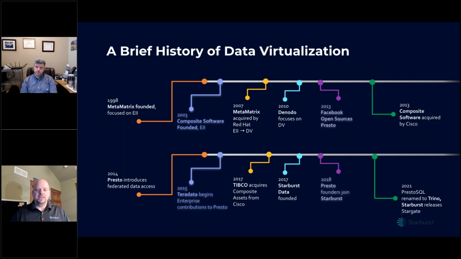In 2015, Teradata became the first vendor to really start making enterprise contributions to Presto. Their investments were very heavily around how do we create features around security, usability, and access for enterprises instead of being solely focused on what satisfied just Facebook.